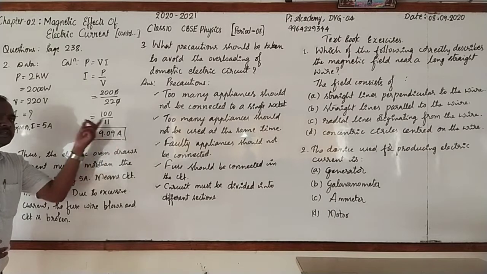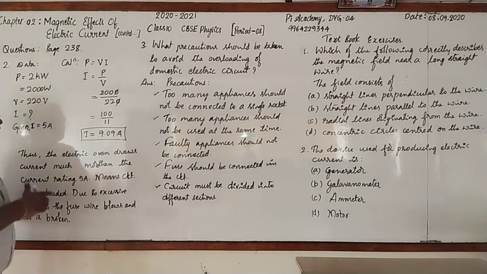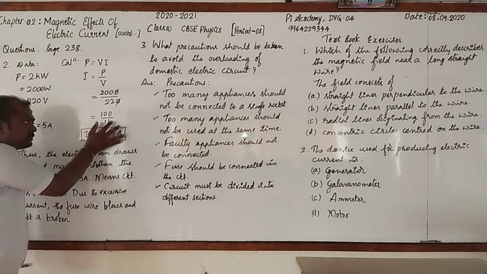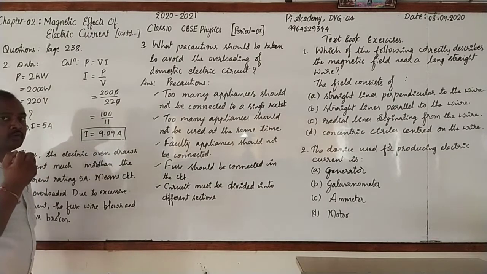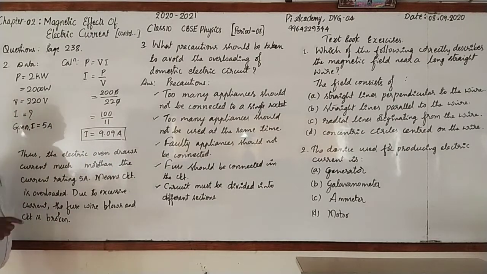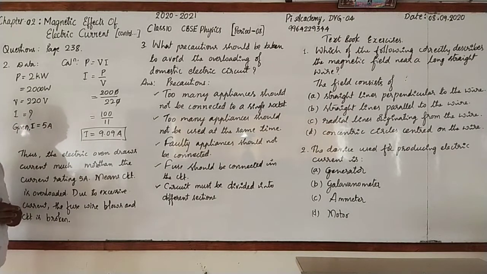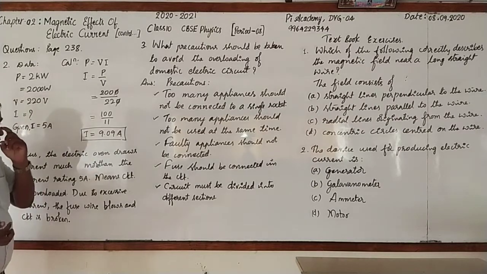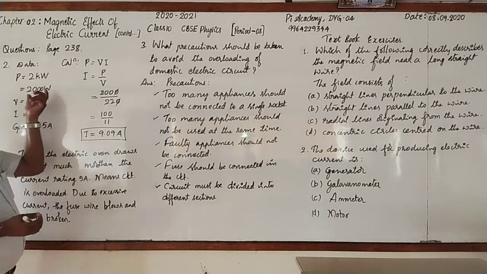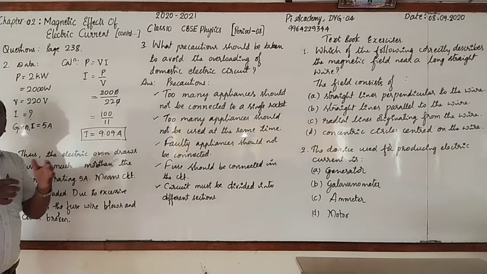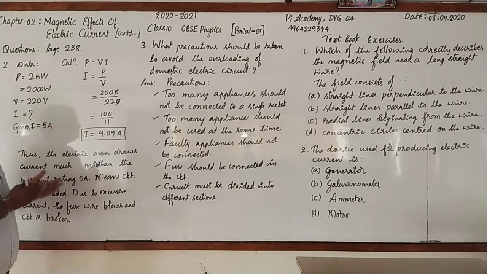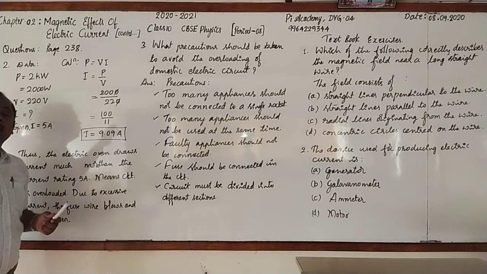And what does it indicate? Yes, it indicates that this much amount of current is to be drawn by the electric oven. But what maximum amount of current can flow? 5 amps. So the amount of current drawn by the electric oven is more than the limitation. That means the circuit is overloaded.